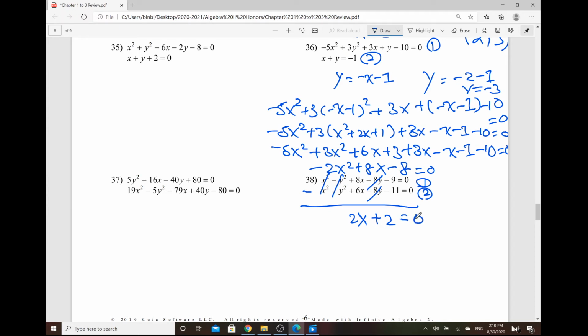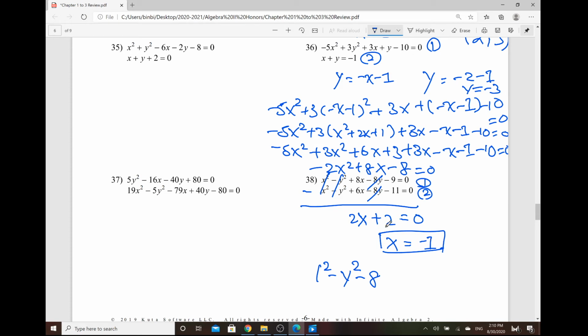0, of course, 0. So that means x is what? x is negative 1. So subtract 2, divided by 2, so x is negative 1. And then solve for y. In order to solve for y, just plug the number back into one of the equations. So plugging back into the first one, we do have 1 squared minus y squared minus 8, because 8 times negative 1 is negative 8.